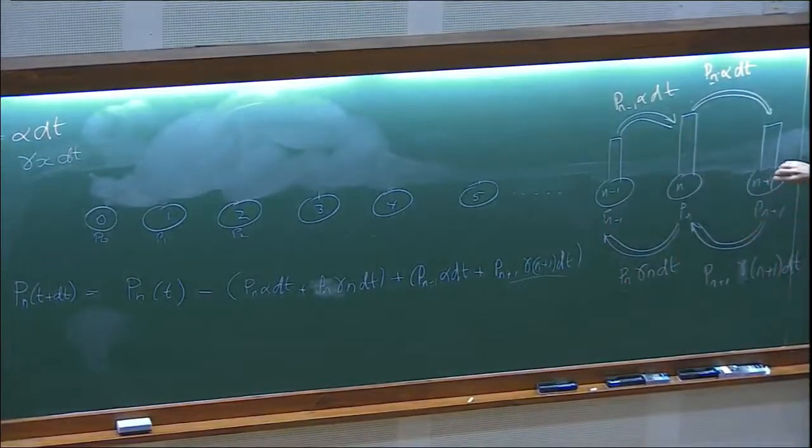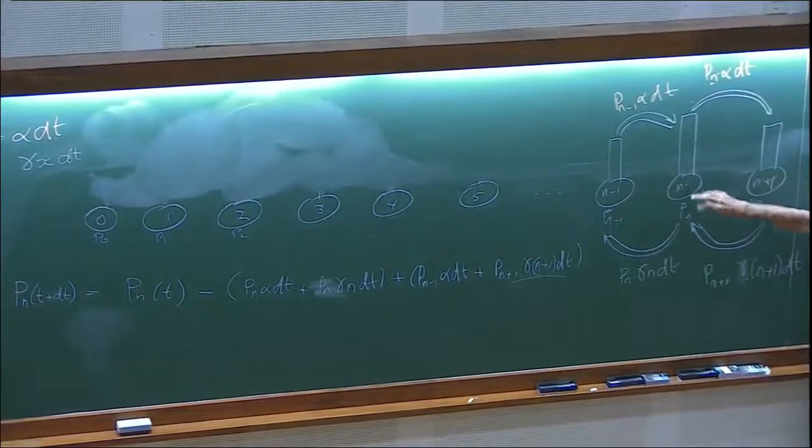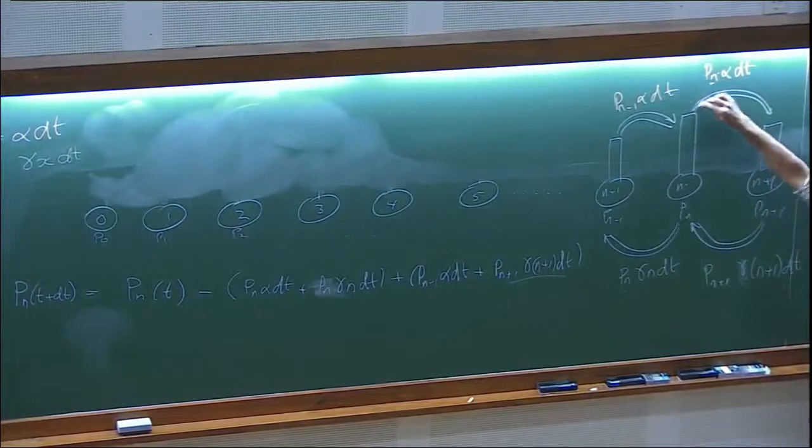That can change because a cell here lost an mRNA. It can change because a cell here gained an mRNA. But what we are calculating is the total number of cells in this bin. A cell will jump from here to here, yes. And therefore, this bin will go down.